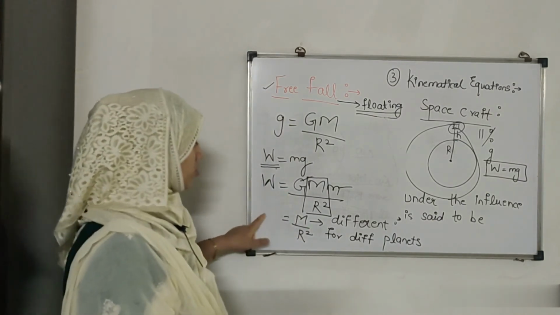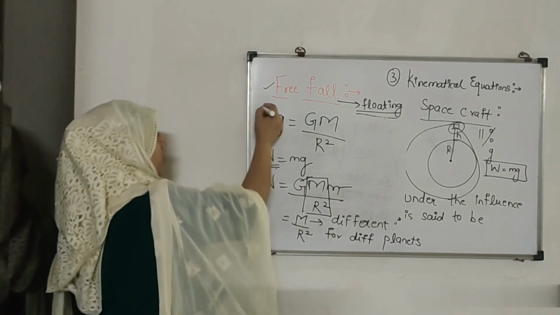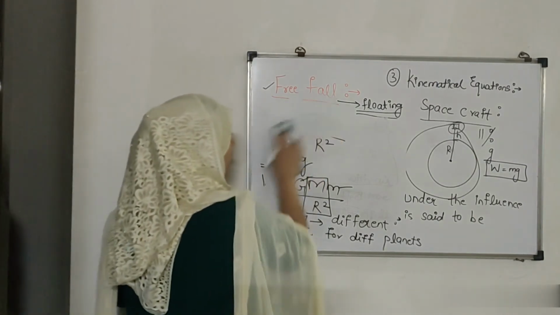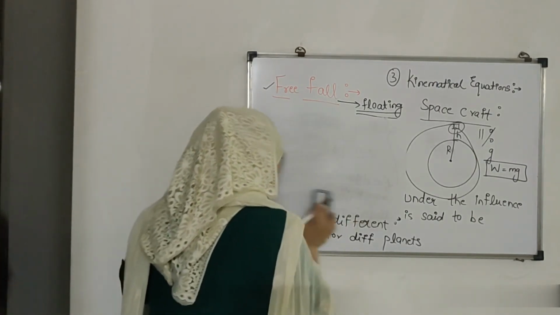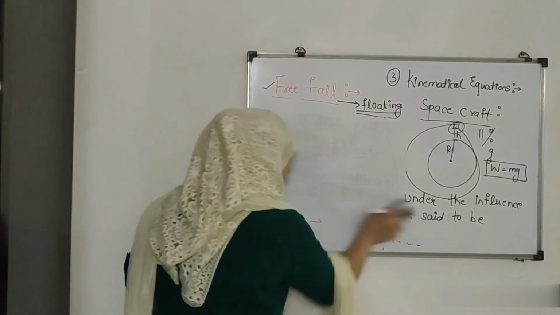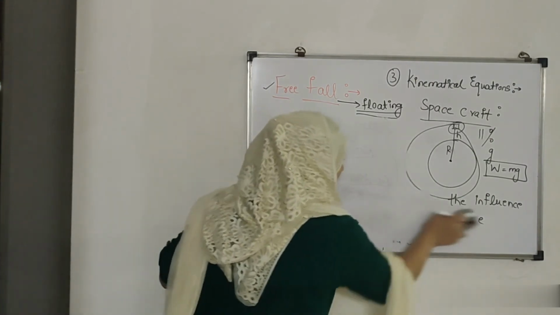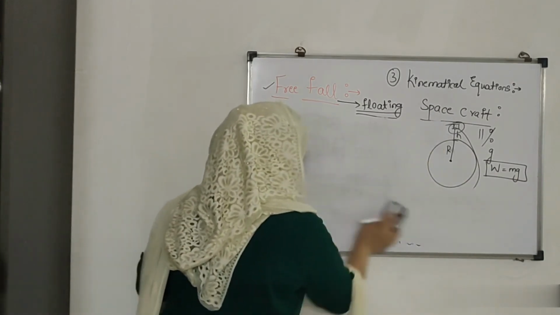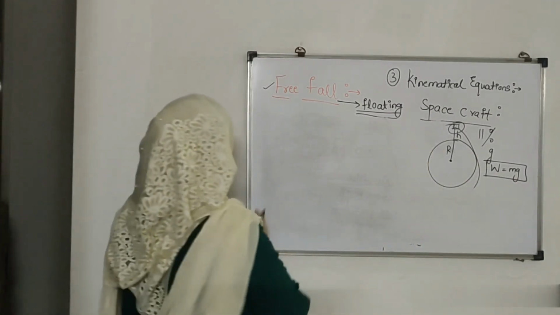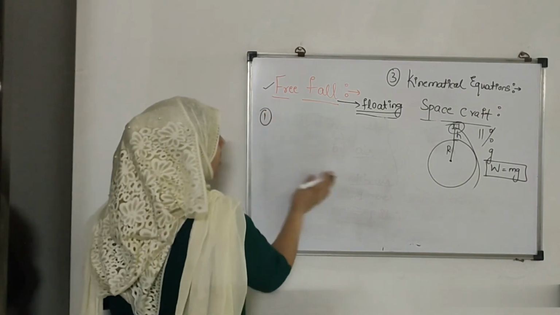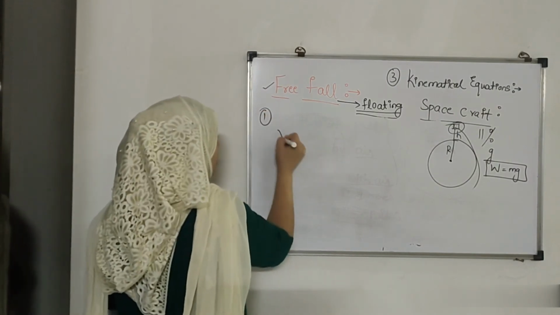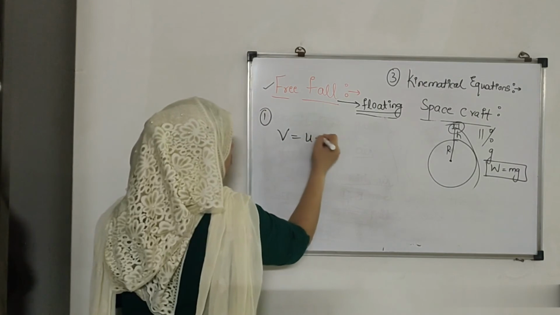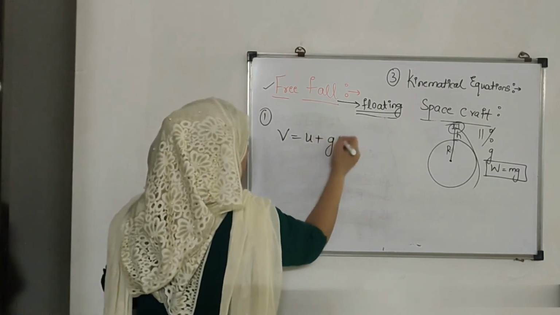Next, this is a very important question, you must remember this. We are going to talk about the kinematical equations, okay? What do I mean by the kinematical equations? We have three kinematical equations. First is what? v is equal to u plus gt.